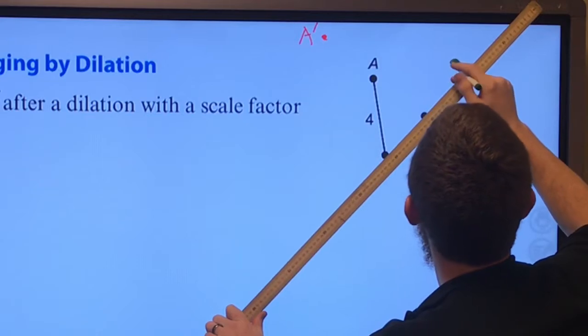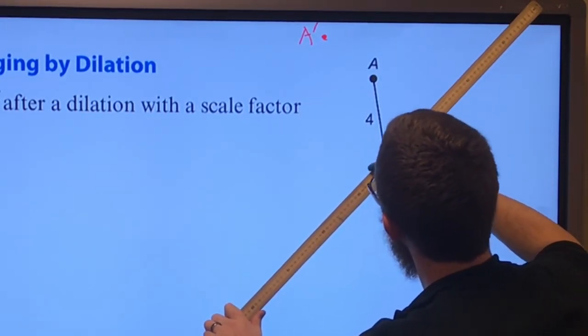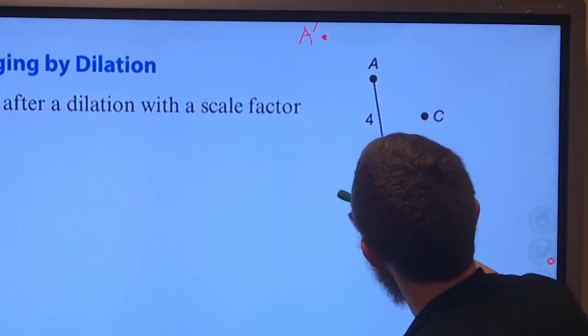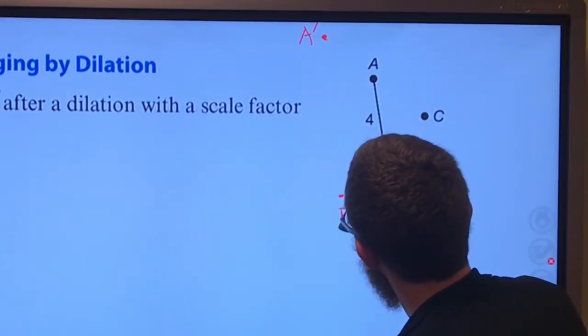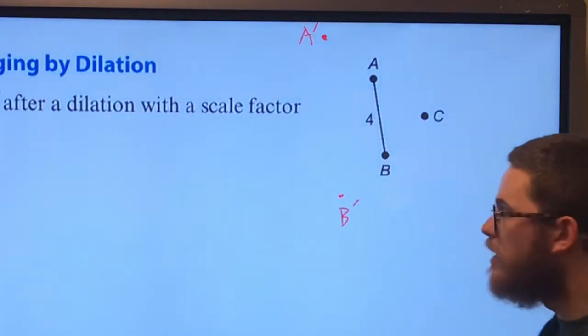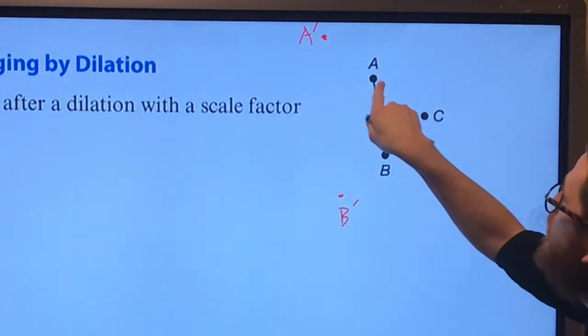and so I need to go 22 centimeters away from C to get B prime, along that same line that contains C and B already. I measured the distance.